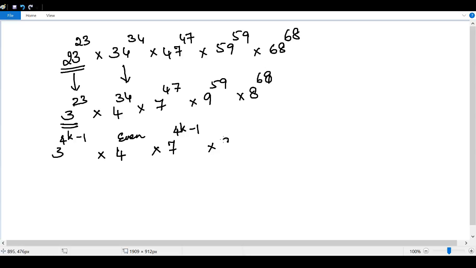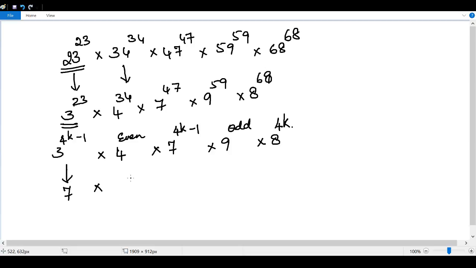Thus 9, and 9 to the power of an odd number, and 8 is to the power of 68, which is nothing but a multiple of 4. I know for the fact that 3 to the power 4k minus 1, that is one step before a multiple of 4. One step before a multiple of 4, what was the unit digit of 3? 7. Remember 3971?